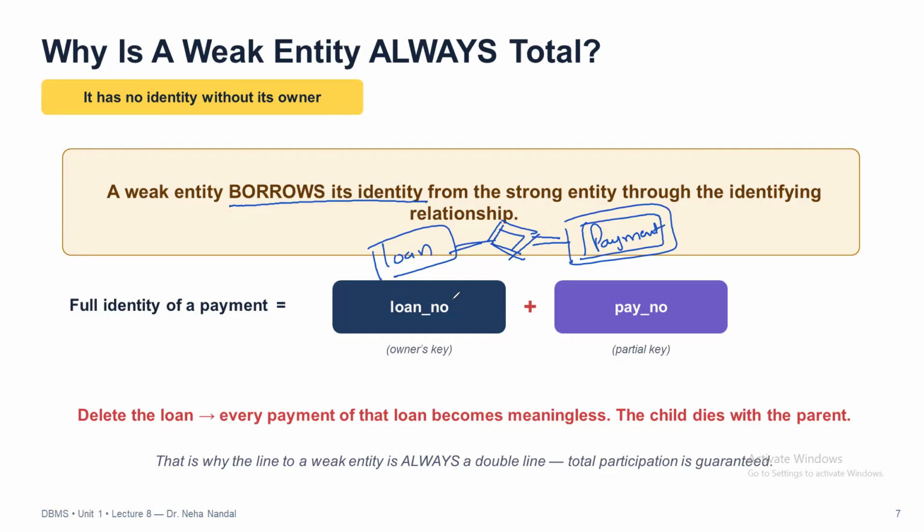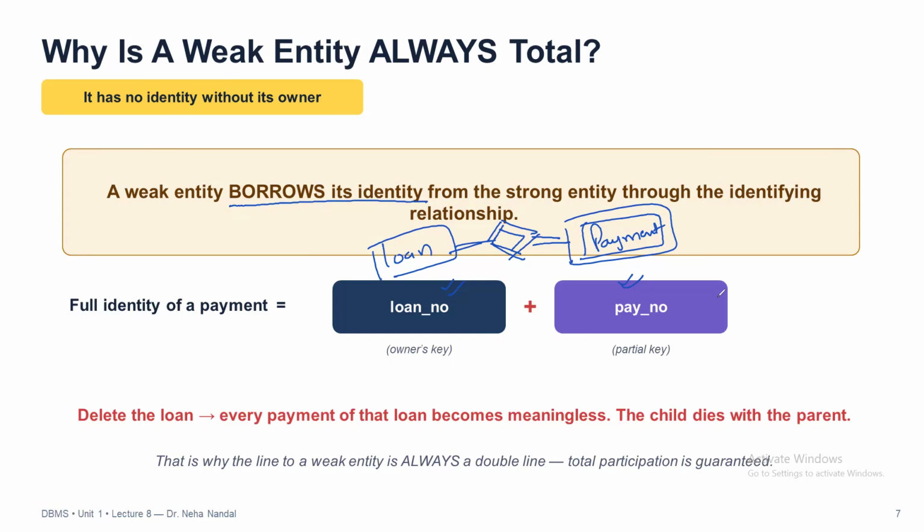That's why. Now see, loan number plus pay number, that is the owner's key plus your partial key. Together, they form the full identification. If you want to check which payment is being done, first you will check the loan number, then you will see the payment number. Then it will give you the correct information. So that's why the weak entity cannot exist alone, and that's why the line is always double.